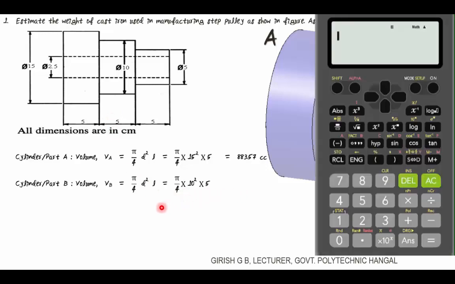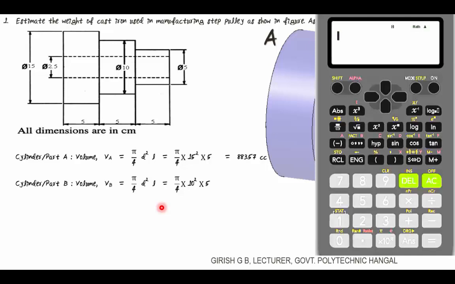Let's take the calculator to solve this. Pi divided by 4 into 10 square into 5. Let's store this result as B. The result is 392.69 cc or cubic centimeter.